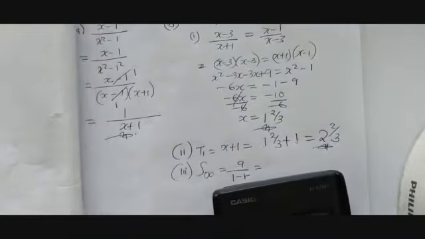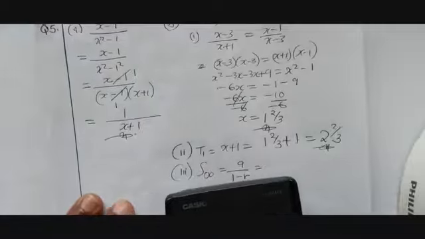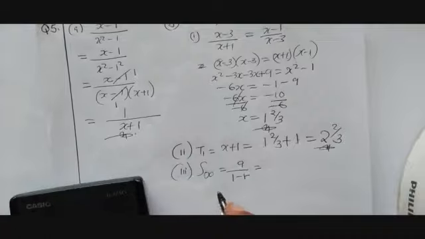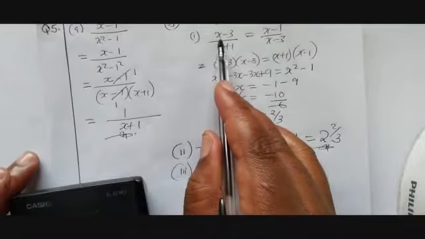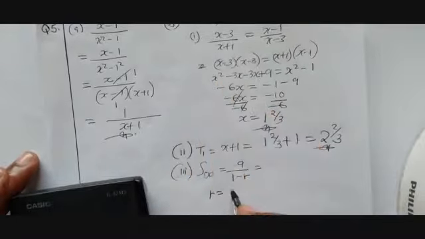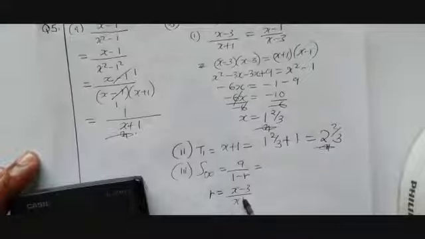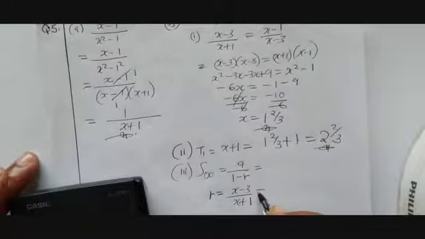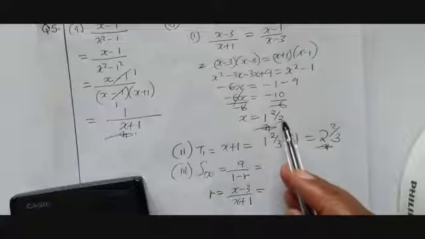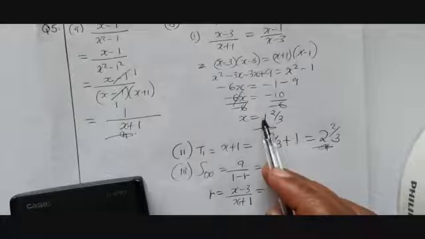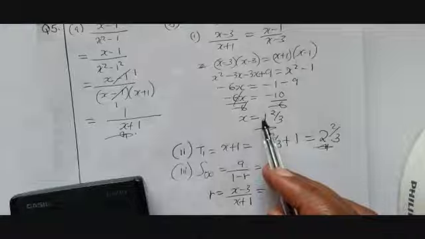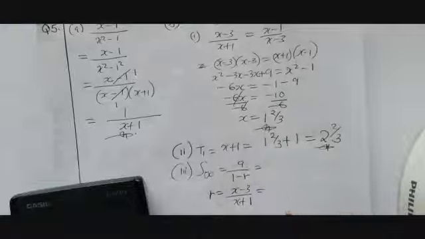So how do we get the common ratio? We are going to say, common ratio, which is r, is x minus 3 over x plus 1. But what is our x? Our x is 1 2/3.